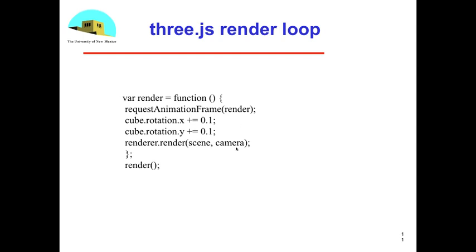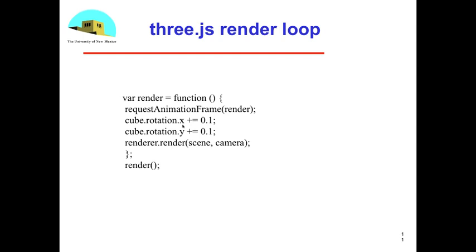If you want to change some properties, you can just change them dynamically. Here's the rotation. You're rotating about both the X and the Y axes, incrementing the angle by 0.1. I think this is in radians. I'm pretty sure this is in radians, by 0.1 radians each time.